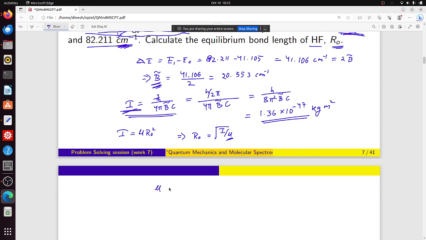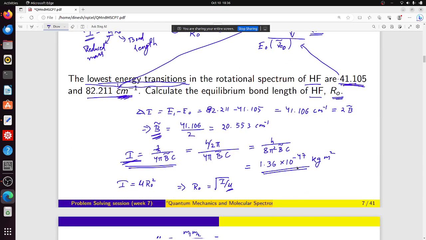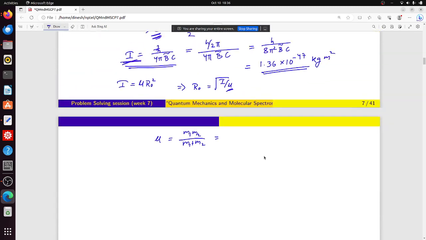So the reduced mass formula, what is it? Anyone? M1 M2 by M1 plus M2. Yeah, m1 m2 by m1 plus m2, right? Now what is the molecule? Hydrogen fluoride. So mass of hydrogen times mass of fluorine divided by mass of hydrogen plus mass of fluorine.